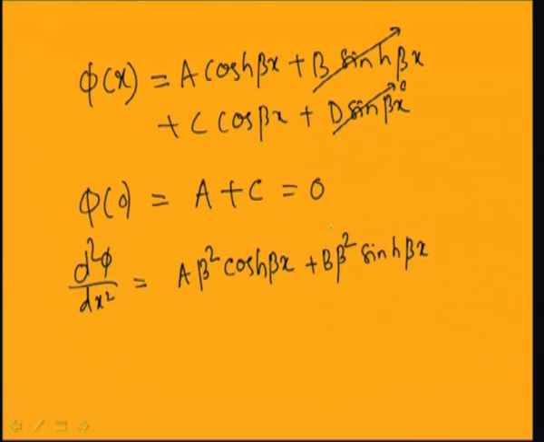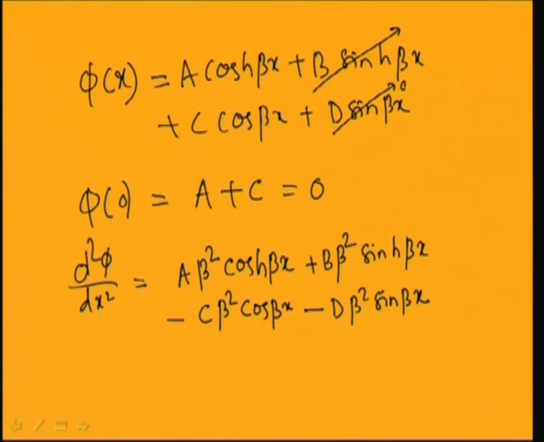Differentiating cos beta x twice, this becomes minus C beta square cos beta x, and differentiating sin, this becomes minus D beta square sin beta x.